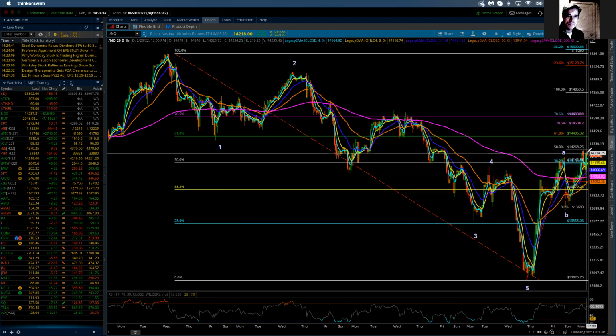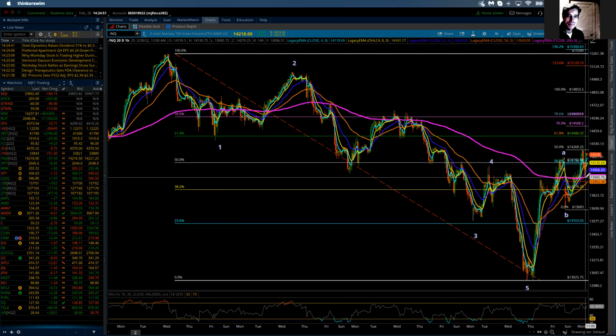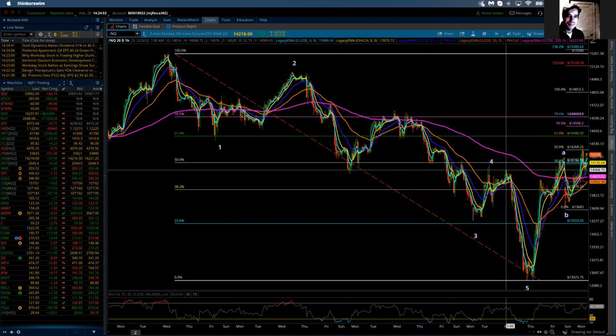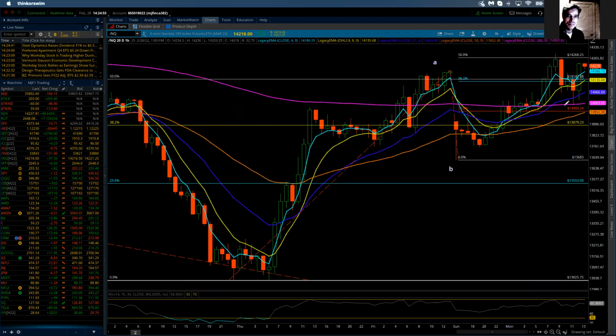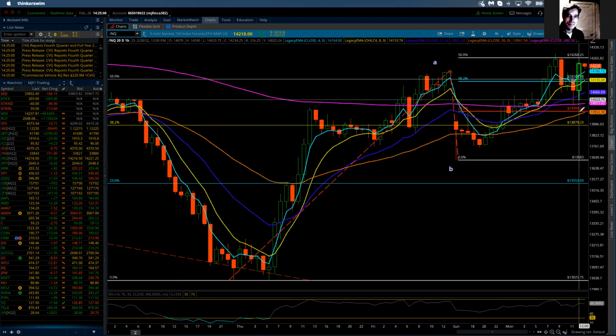So I think for right now, if we start to break down, we need to break below the 200 on the hourly chart, which is sitting at 14,000 basically, and then again, break below the 50. So while part of the picture has turned a little bit more bullish, it's not complete.